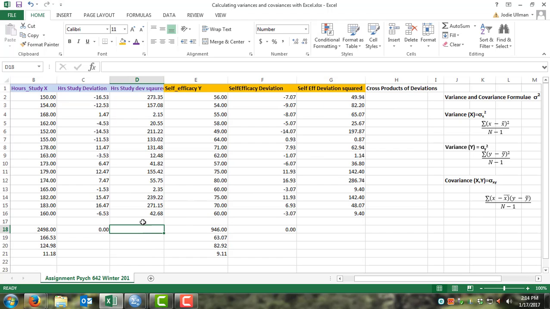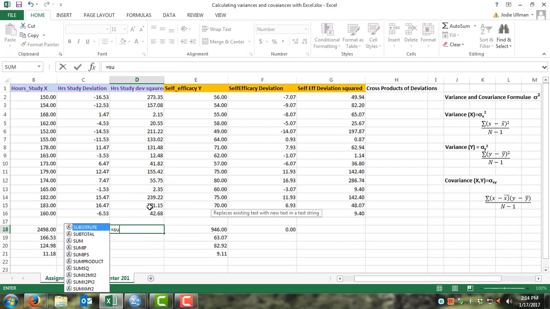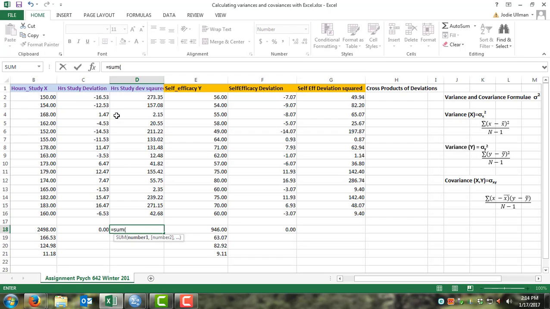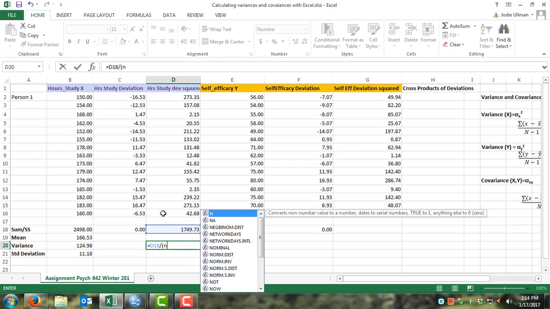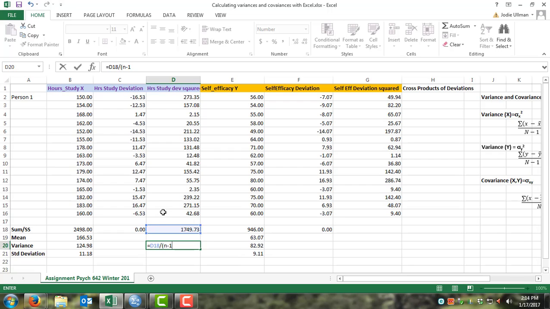So we can go ahead and sum that column, like this, 1749.3, and then to get the variance, we'll just divide that number, the 1749.3, the sum of squares, by n minus 1, which is 15 minus 1.